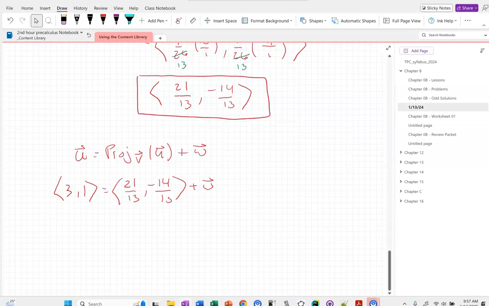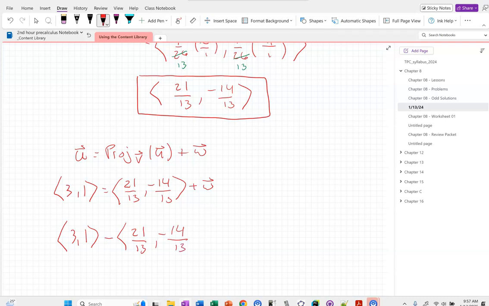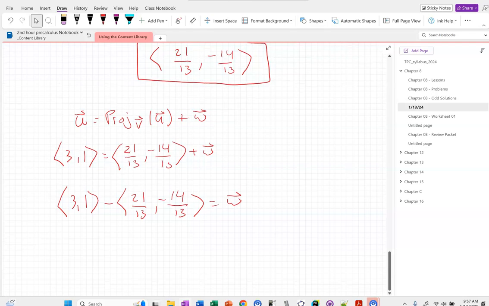What do we need to do to both sides of this equation to get W by itself? I just need to subtract that projection vector from both sides, right? So to do this subtraction, I need to make a common denominator.